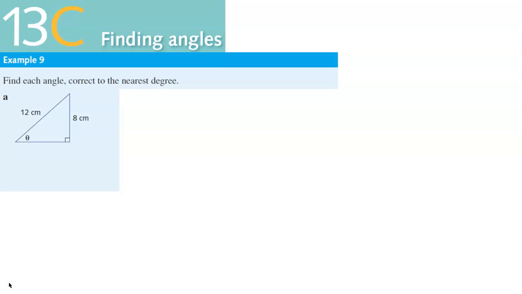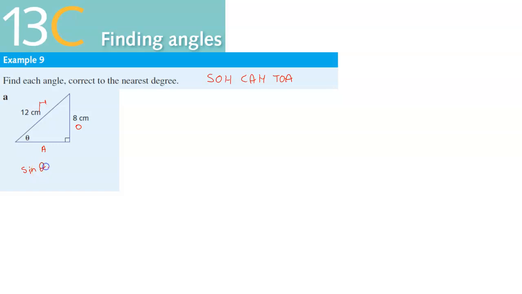Okay, so our working when we're finding angles in triangles follows a similar pattern to when we were finding lengths in triangles. So we start by labelling each side. This is my reference angle, so this is adjacent and this is opposite. We remind ourselves of SOHCAHTOA. In this situation, I'm using the opposite and the hypotenuse, so I'm going to be using sine.